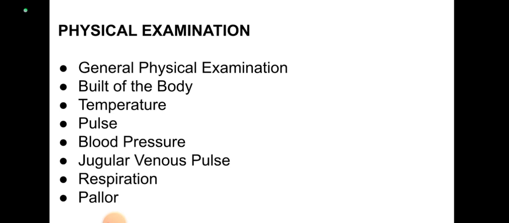Then, the presence of pallor depends on the thickness and quality of the skin, amount of blood in capillaries, and quality of the blood in the capillaries. The evidence of pallor is looked for at the palpebral conjunctiva and mucous membrane of the mouth. Other sites are nail bed and palmar creases.